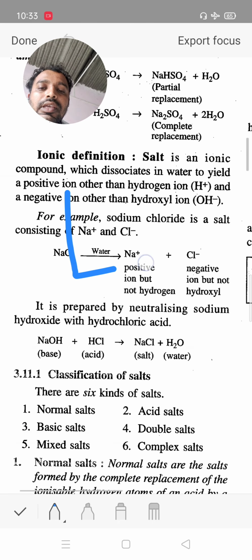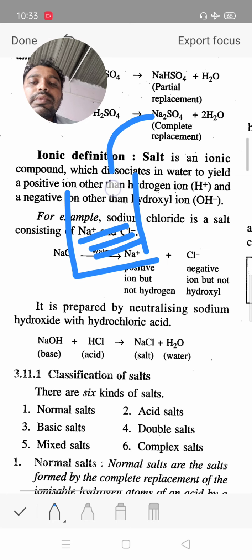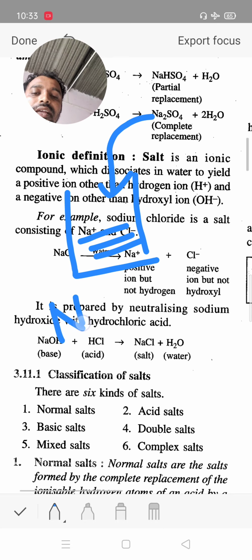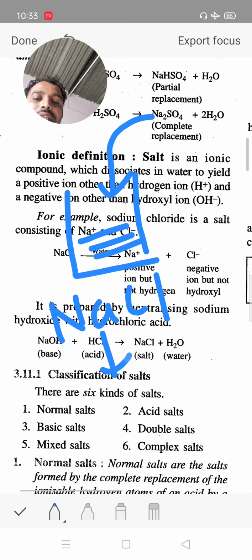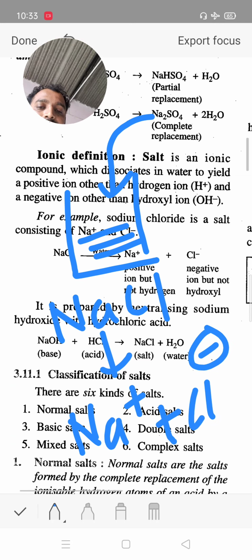Salt is highly soluble in water. When we put salt in water, it produces ions. When NaCl dissolves in water it produces Na plus ion and Cl minus ion. It does not produce NaOH plus HCl. It produces Na plus ion and Cl minus ion.